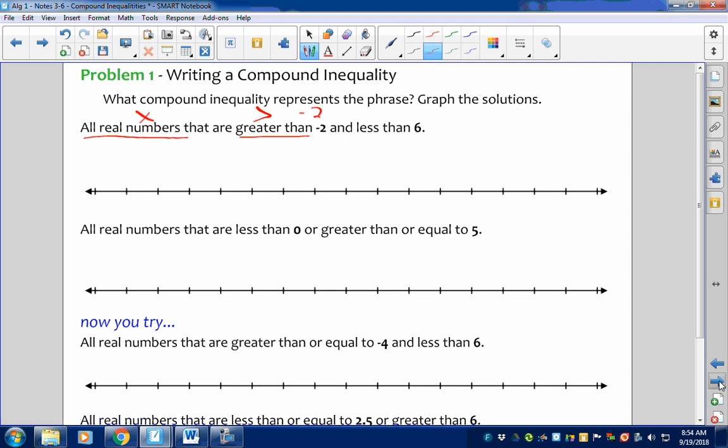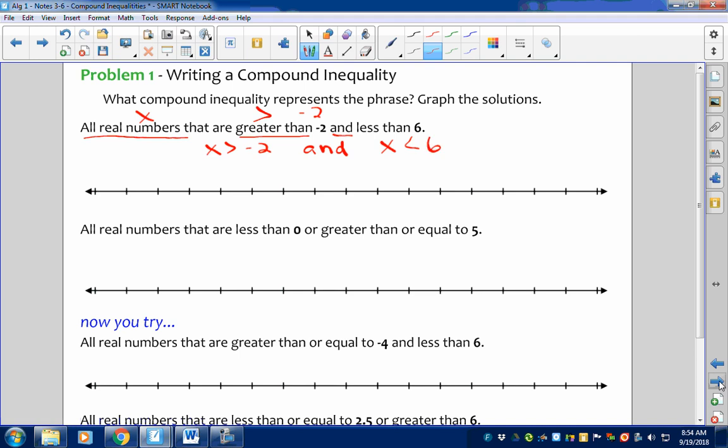So we have x is greater than negative 2, and basically this whole phrase again, all real numbers that are less than 6. So that would be x less than 6.